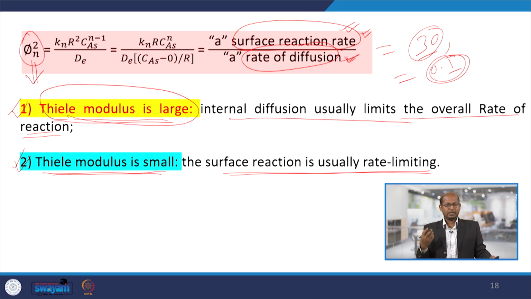Once we are able to calculate the Thiele modulus phi value, by seeing that value we can quickly estimate or interpret whether internal diffusion is limiting or the surface reaction rate is limiting.